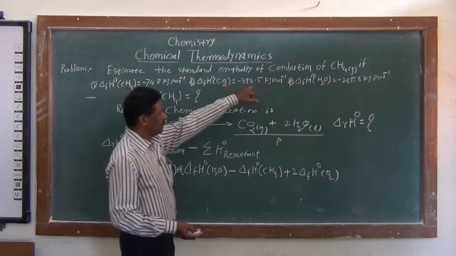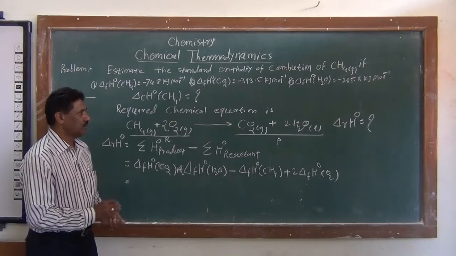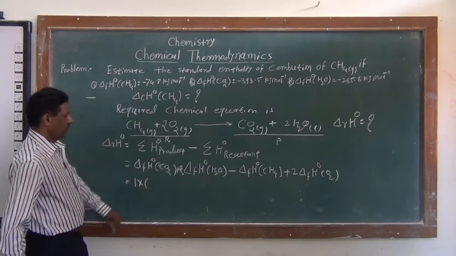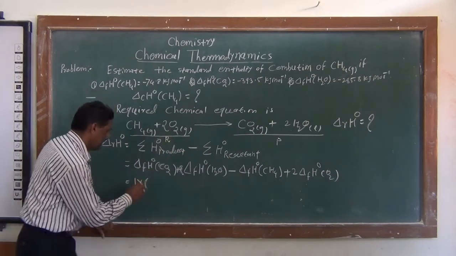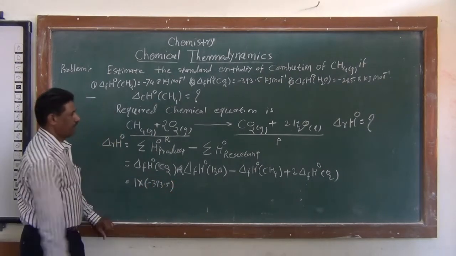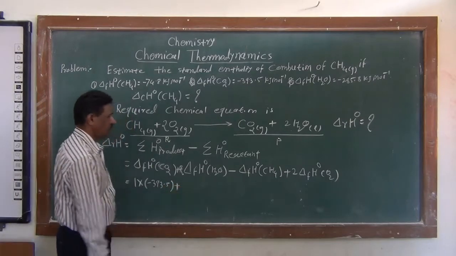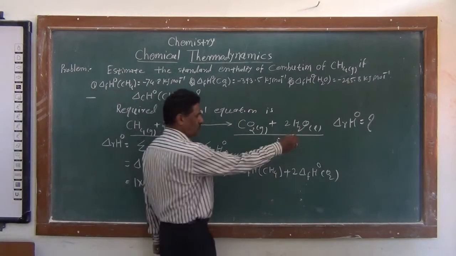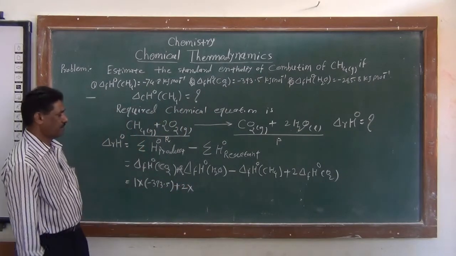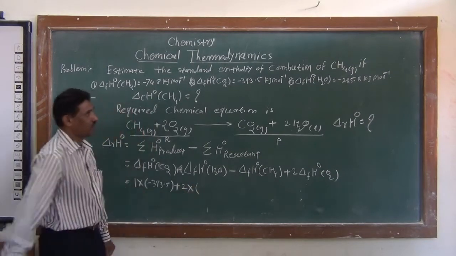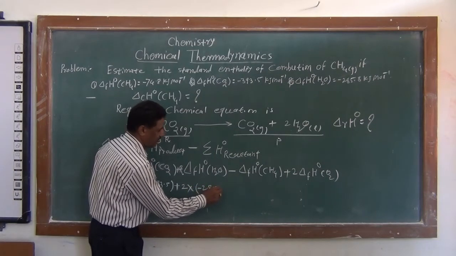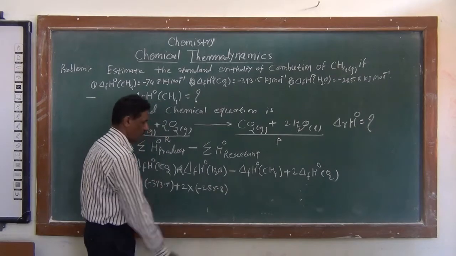Here for CO2, the mole of CO2 is 1, so 1 into the value of CO2, minus 393.5, plus, in this reaction 2 moles of water, means 2 into the formation value of the water molecule, that is minus 285.8 kilojoules per mole.